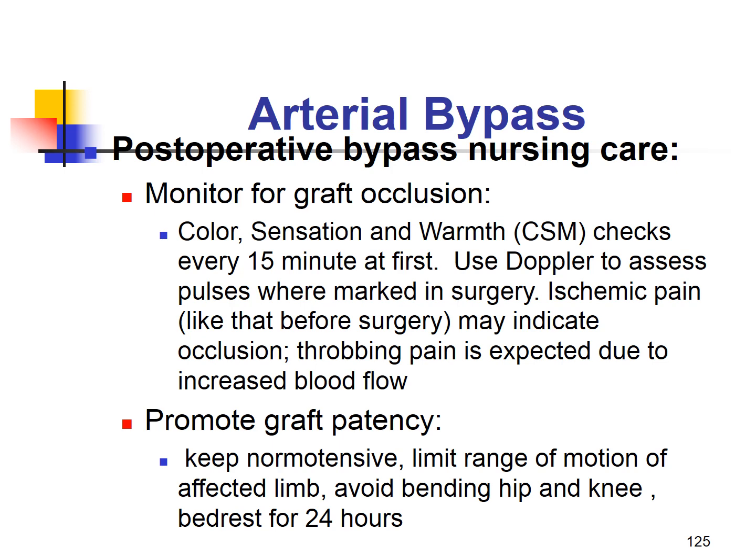Pain after surgery may indicate an immediate occlusion. Promote patency of the graft by keeping blood pressure normal, limit the range of motion of the affected limb, and avoid bending the hip and knee so that the blood can flow better.